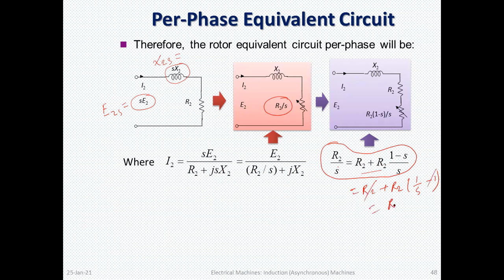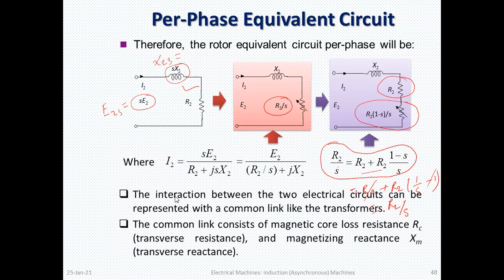So it is equal to R2 by S, which is equal to the left hand side. So this equivalent circuit is further modified in terms of R2 and R2 multiplied by (1 minus S) divided by S, and X2 is here, the same. From here we have drawn the equivalent circuit based on this relation.